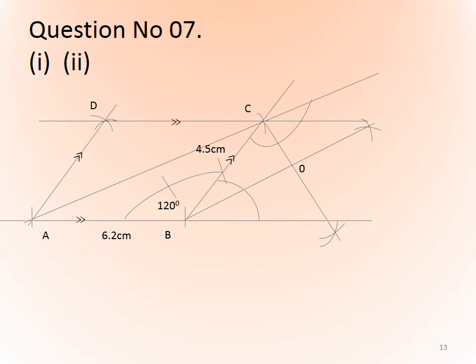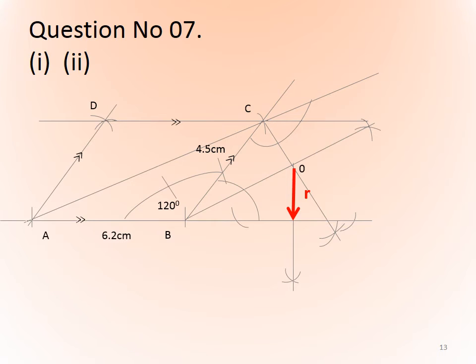Then we should take the radius. First, construct a perpendicular from O to AB, drawing intersecting arcs and the straight line.